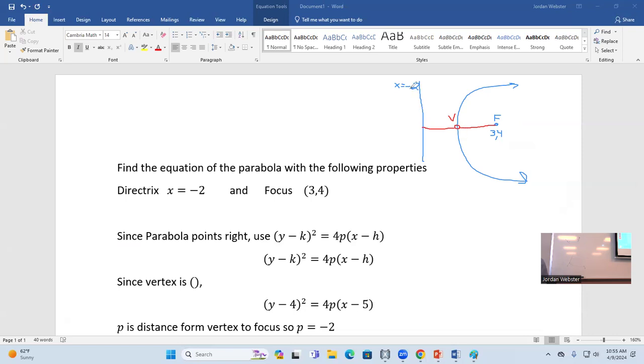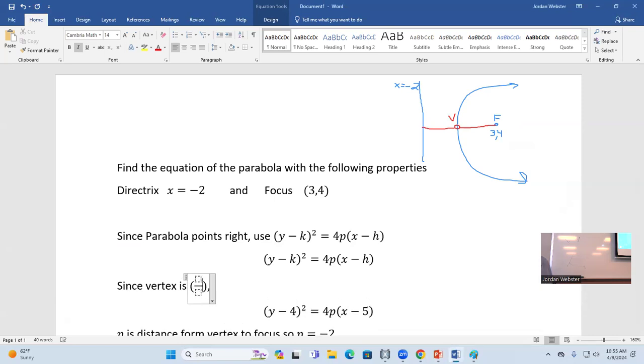But the x value is going to be halfway in between -2 and 3.